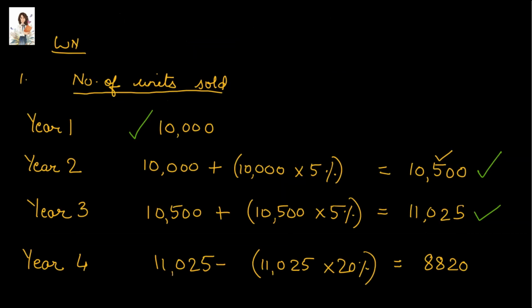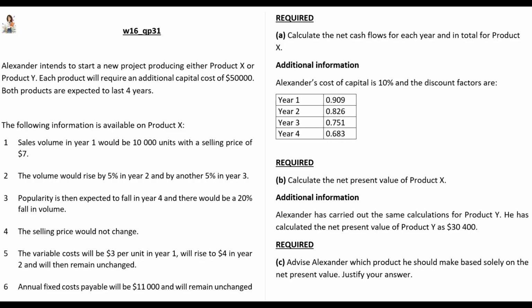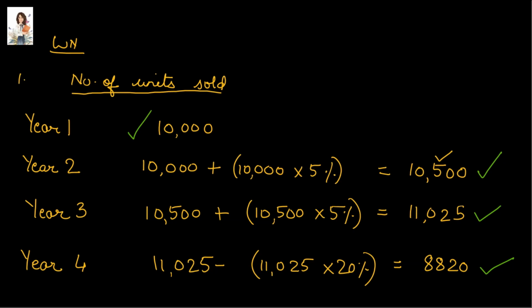Similarly, for year 4, the inflows will be 8,820 units multiplied by $7 per unit. We get $61,740 of inflow.